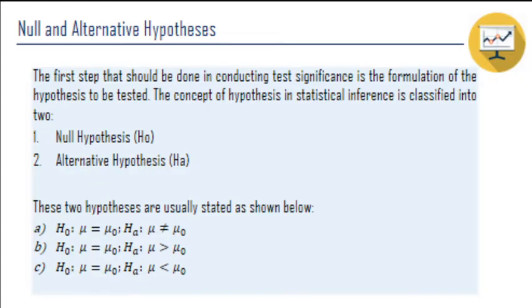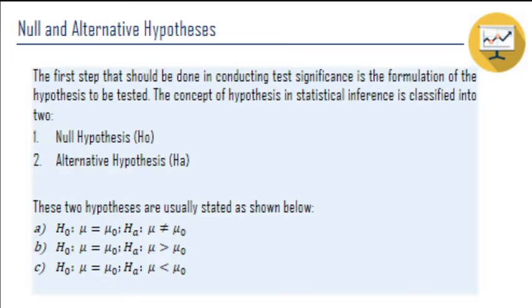The concept of hypothesis in statistical inference is classified into two, which are null hypothesis and alternative hypothesis. The null hypothesis, denoted by H0 or H sub O, refers to the statement that the absence of any effect claimed for a certain action. This hypothesis also asserts the absence of difference between the observed and expected values.